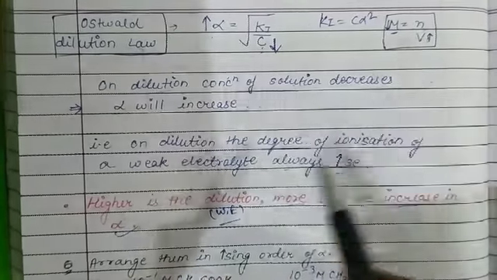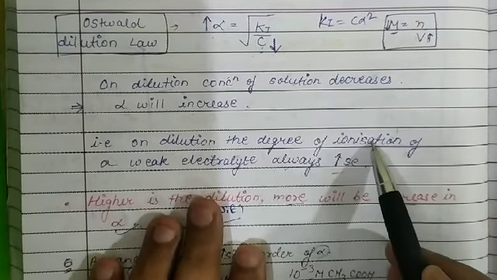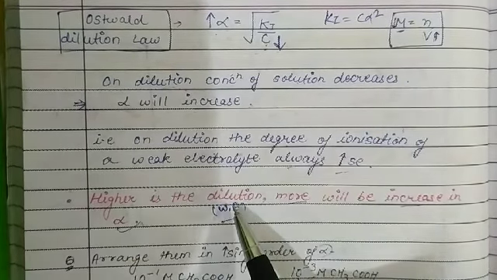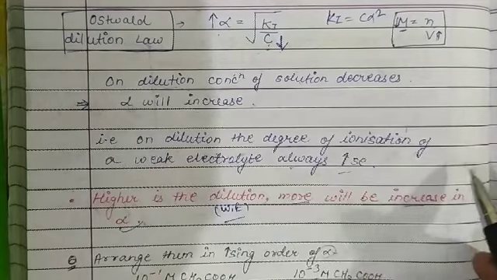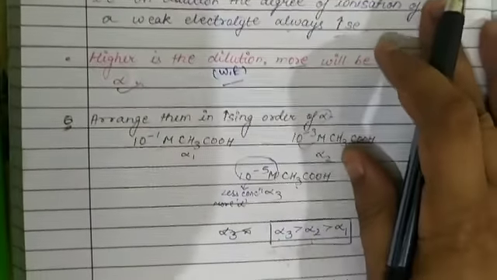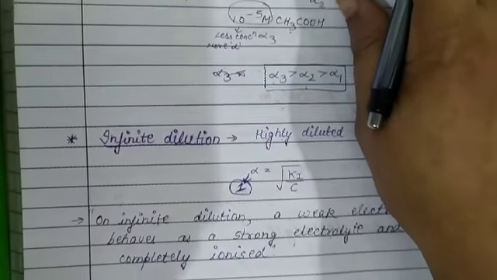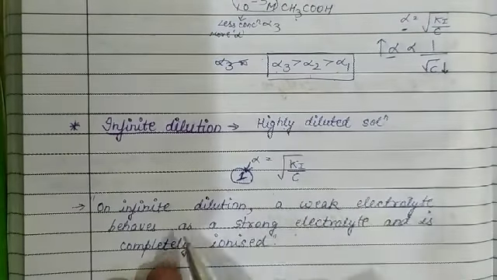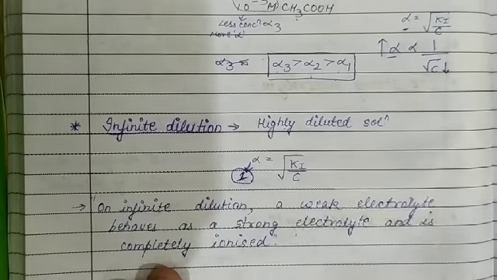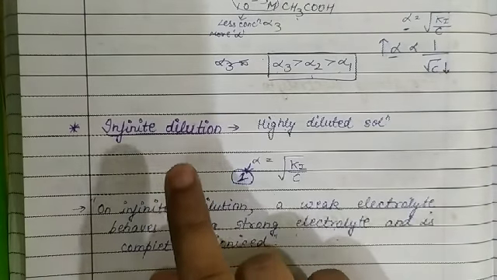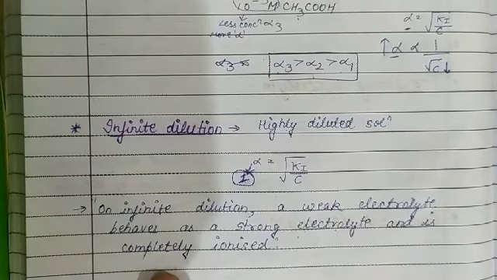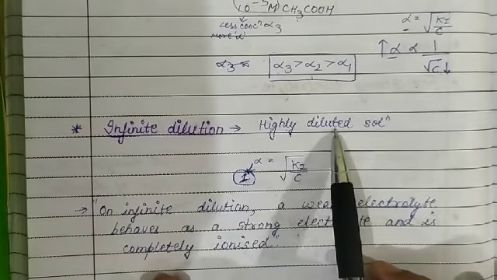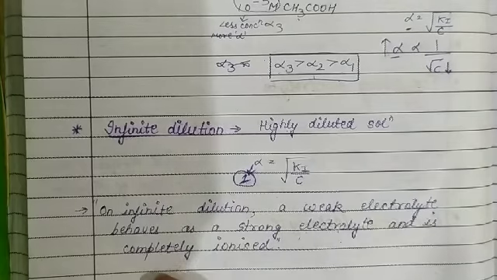So on dilution, degree of ionization of a weak electrolyte always increases, and higher is the dilution, more will be the increase in value of alpha. And in case of infinite dilution, a weak electrolyte will behave as a strong electrolyte, because at infinite dilution a weak electrolyte will completely dissociate into its ions.